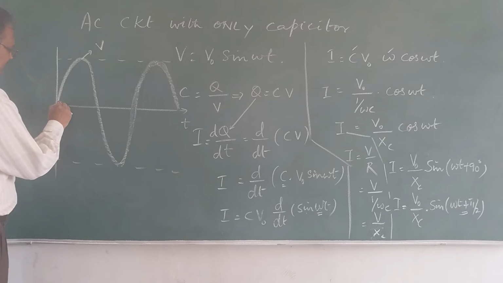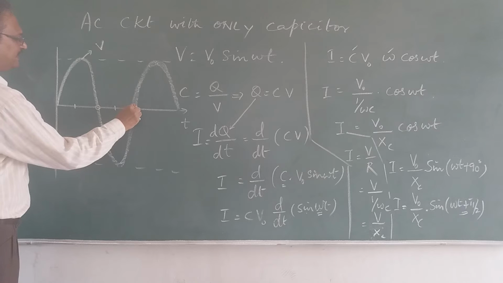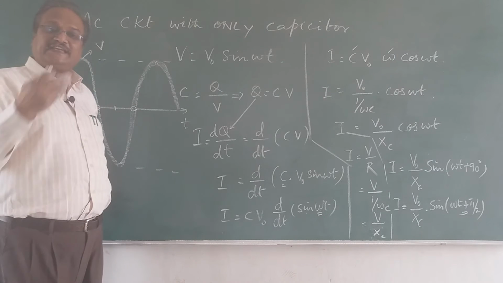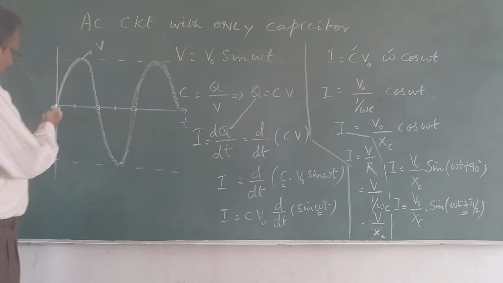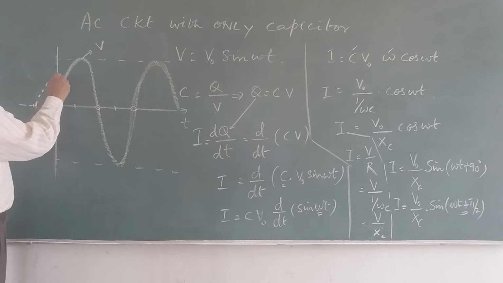If I draw current just similar, this is 90 degree, 180 degree, 270 degree, 360 degree. If I start from here, that means it is in phase. If I start from the lower part, it is lagging. So for leading, you start from the upper part. From here you take an equal amount, yes, from the upper part, and this is 0, and you draw the current in dotted line.